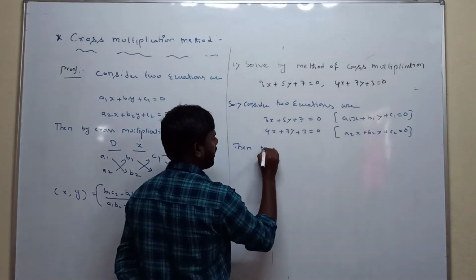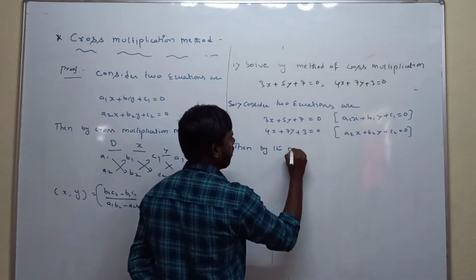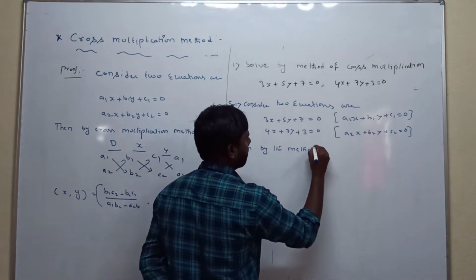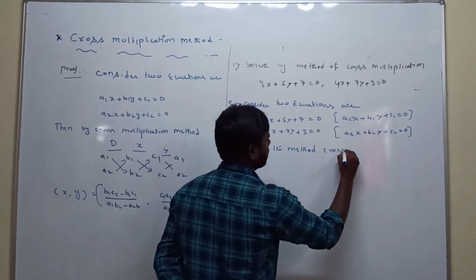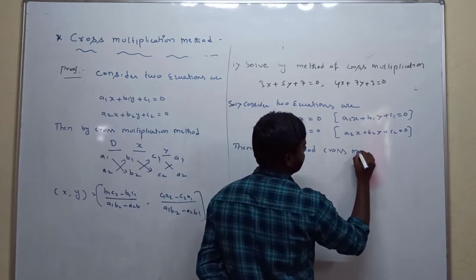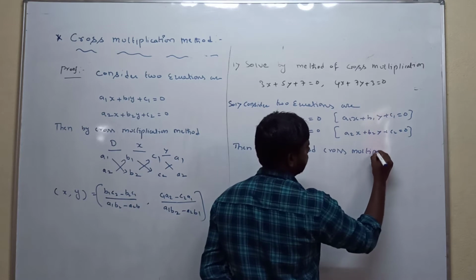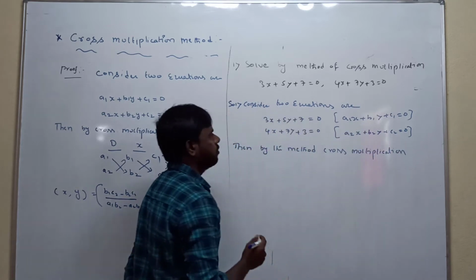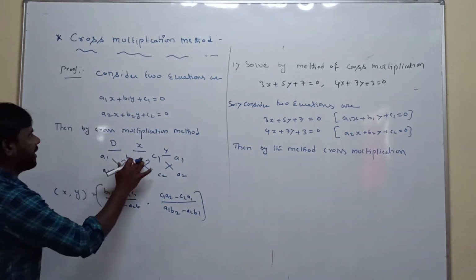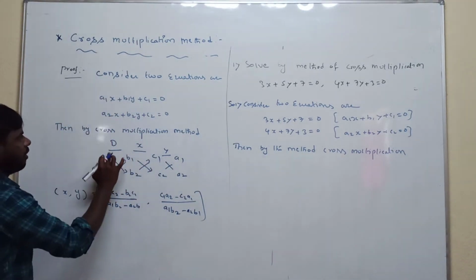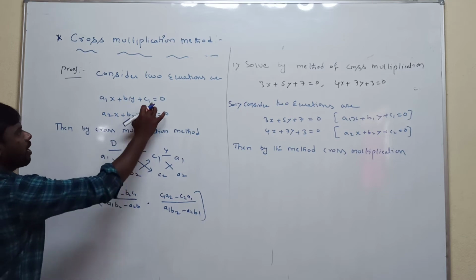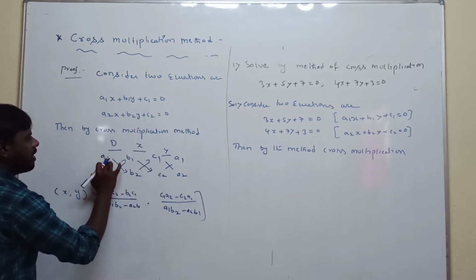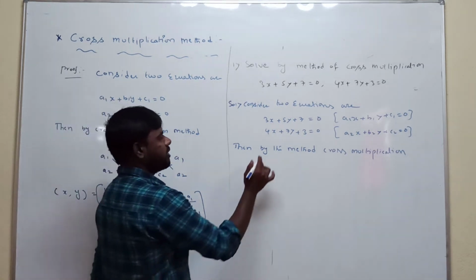Then, by the method of cross multiplication. So now, first, taking x coefficient is a1, y coefficient is b1, constant coefficient is c1, next a2. Same like that, what is the x coefficient here?